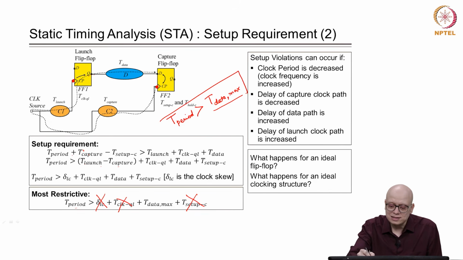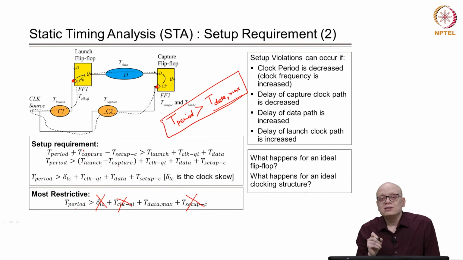But this constraint says that if the delay is less than one clock cycle for the ideal situation, that is the flip flops are ideal and the clocking structure is ideal, then there will be no zero clocking. So, this constraint basically avoids zero clocking in our circuit for the ideal case.